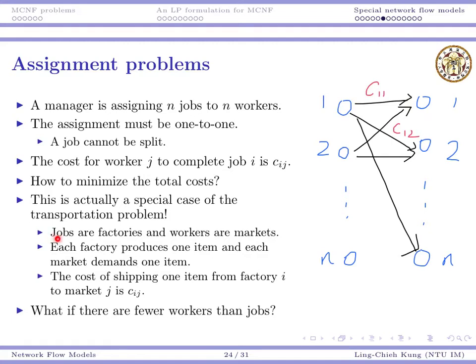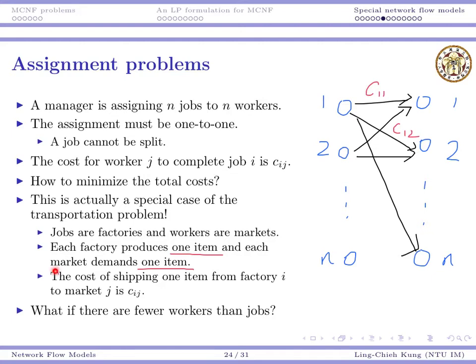So jobs are treated as factories, and workers are treated as markets. What's important is that each factory produces exactly one item. The capacity is 1, and each market demands one item. A job cannot be duplicated, so there's only one item produced in each factory, and each worker can work on at most one job.